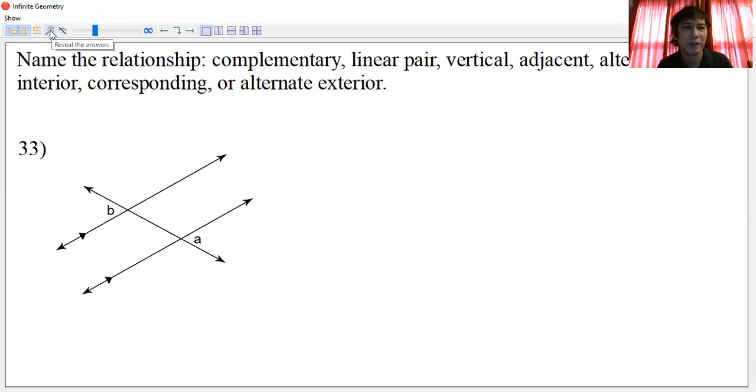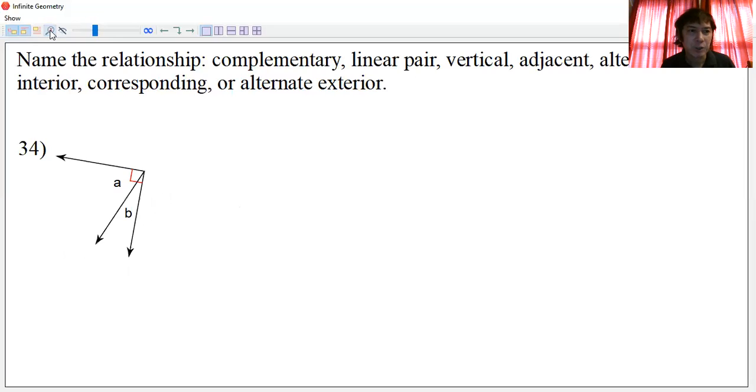And this is called alternate exterior. Next. You can see the right angle symbol there. That means the total of the two angles is 90. You call this complementary.